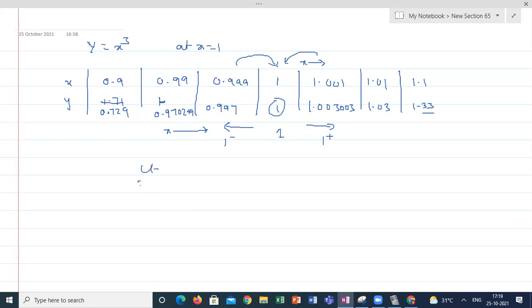So limit x tends to 1 minus f of x will be equal to limit x tends to 1 plus f of x will be equal to limit x tends to 1, f of x will be equal to f of 1, which is equal to 1.